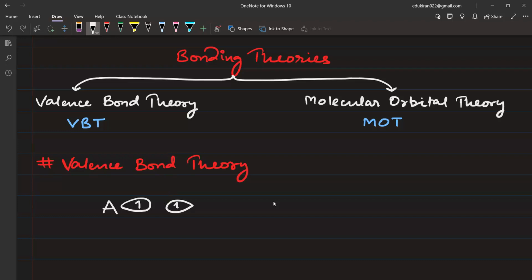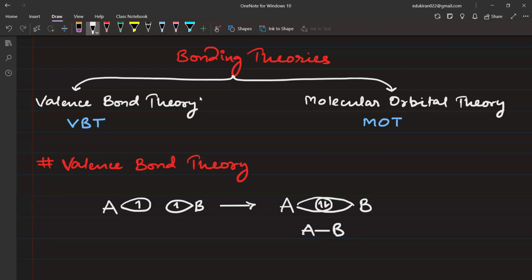When these orbitals overlap, you can understand the orbitals as hands of an atom, and when they hold hands, that means when they overlap each other, a bond is formed. And in a bond, how many electrons will there be? There will be two electrons.